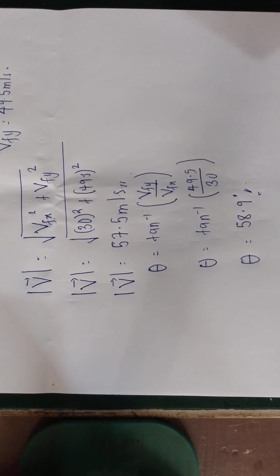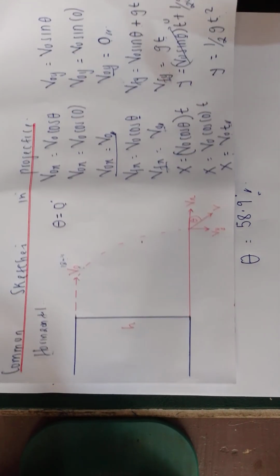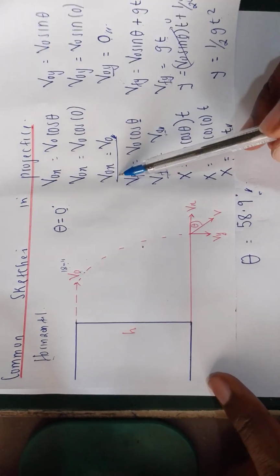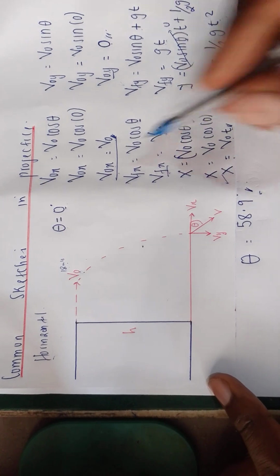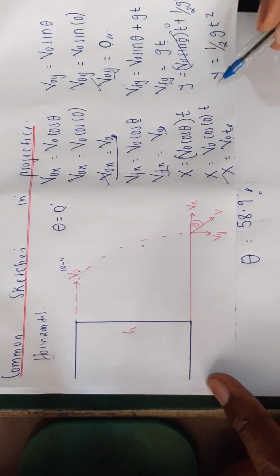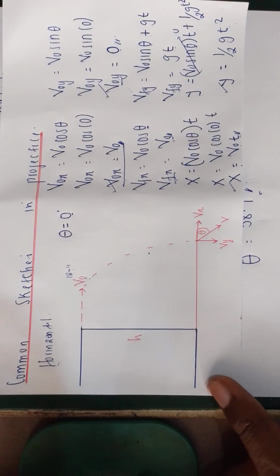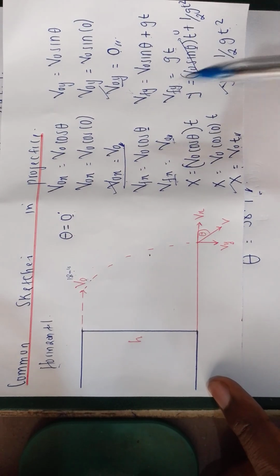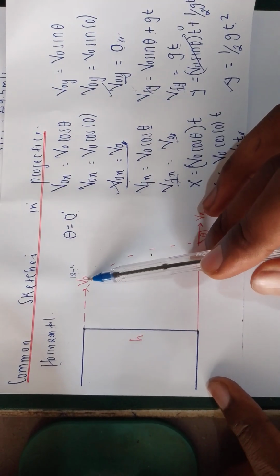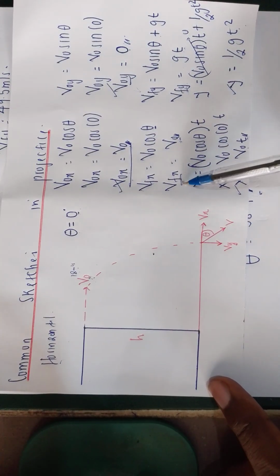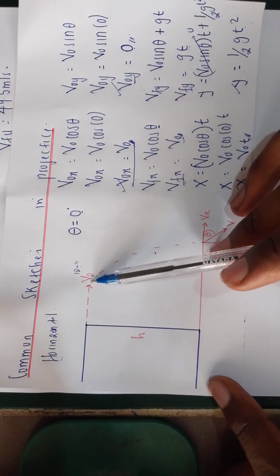So for horizontal, one thing that you should know is this. We've simplified all the formulas, so these formulas are only applicable for horizontal projectile motion. The initial velocity in the x is equal to the initial velocity, and the final velocity in the x is also equal to the same initial velocity.